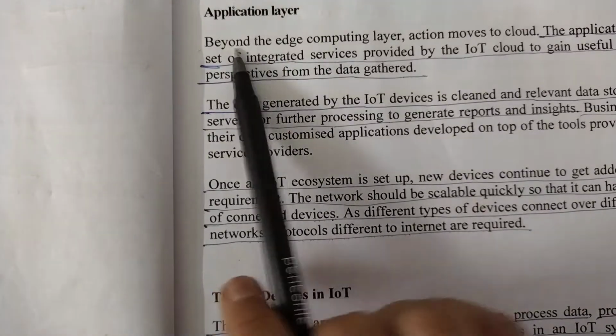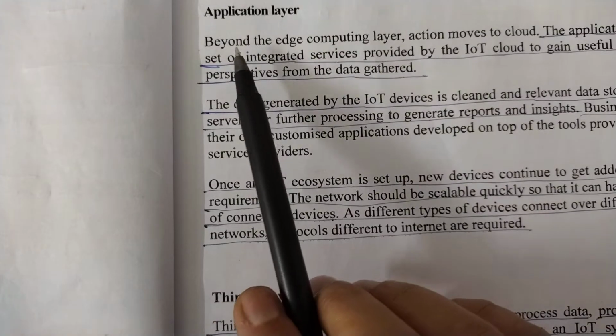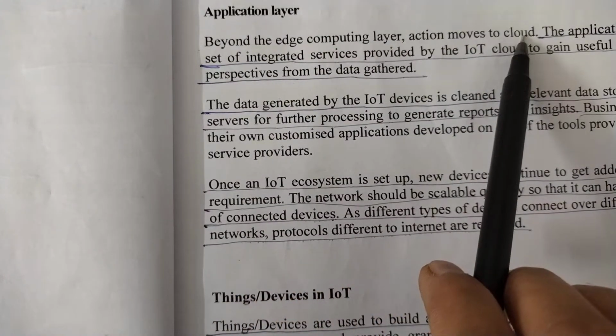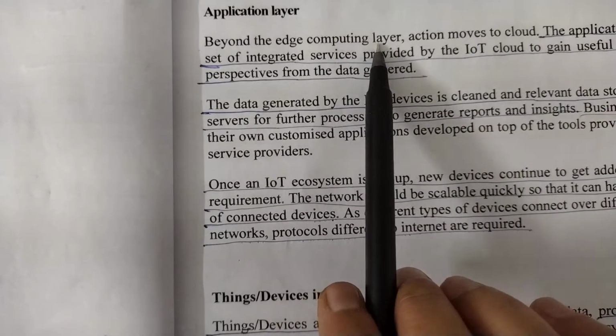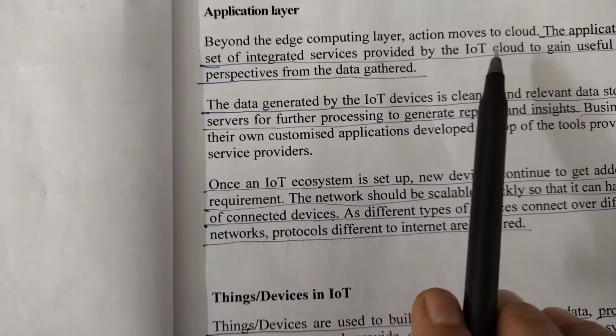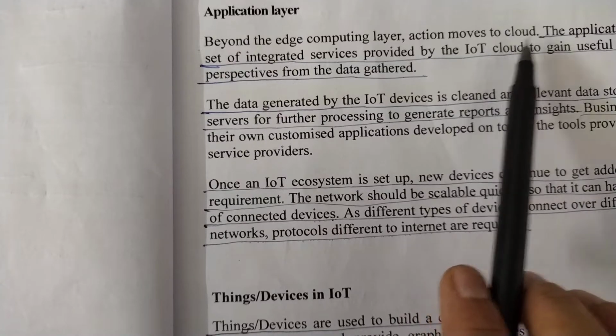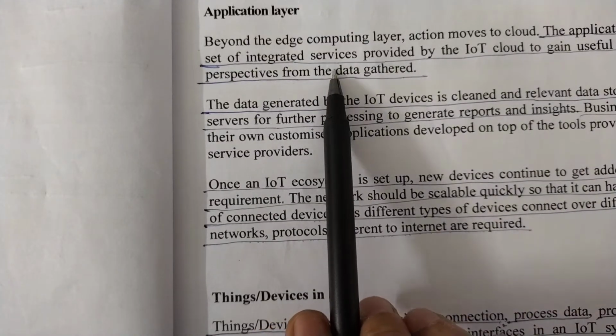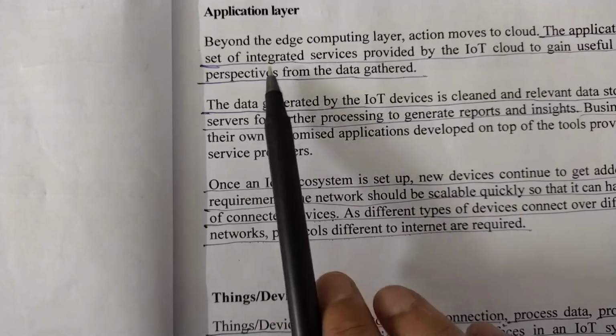Then you have the application layer. Beyond the edge computing layer, action moves to the cloud. As I said, the edge computing layer helps to save the data on the cloud or on the internet. The application layer is a set of integrated services. In most cases, the application layer always provides services.